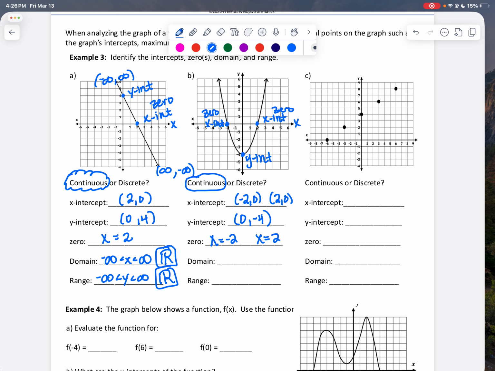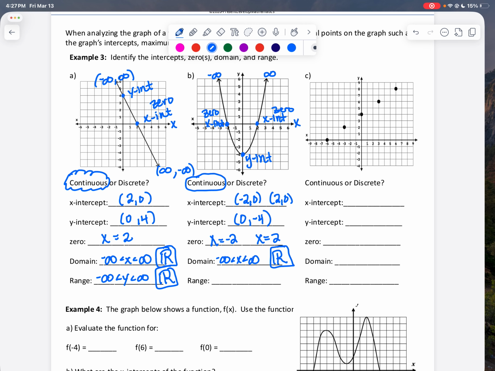It's going to the left to negative infinity, and on the right, it's going to positive infinity. This is our long way of writing the domain, but we will use our shortcut, all real numbers, as our final answer.